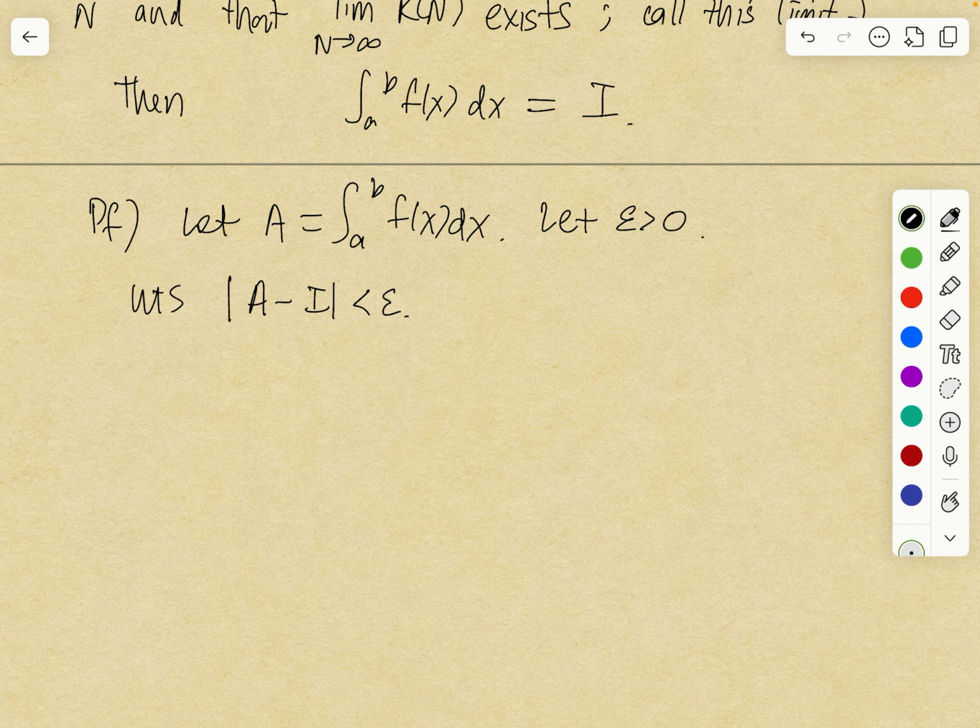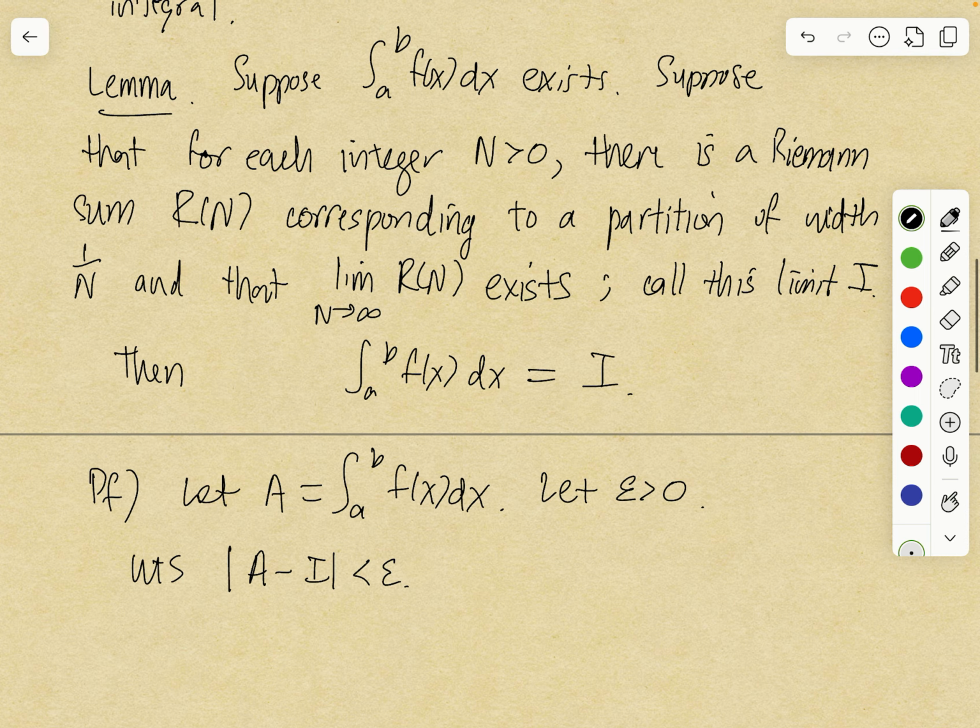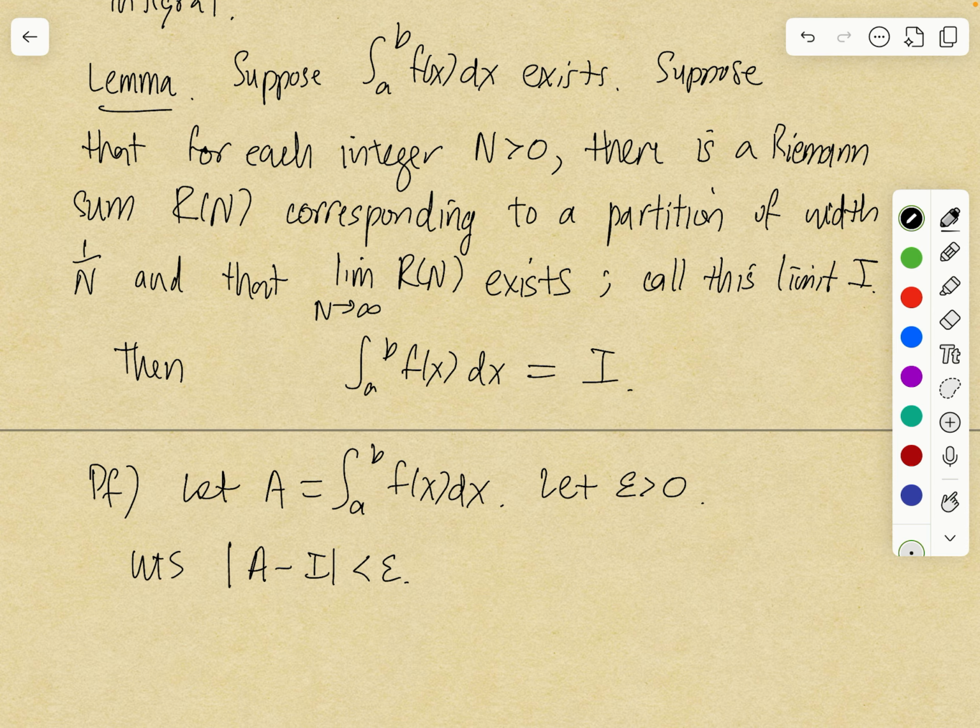Okay, so we want to show that the absolute value of a minus I is less than epsilon, and we know that the integral exists, right? In the lemma, it says suppose the integral exists.